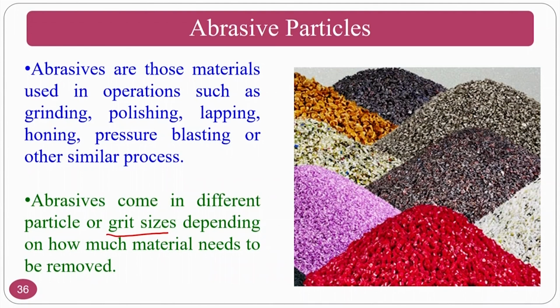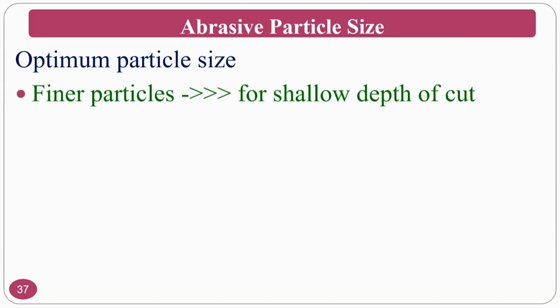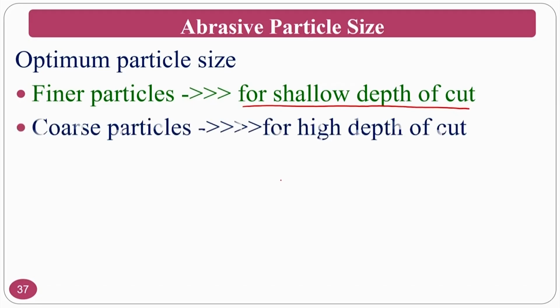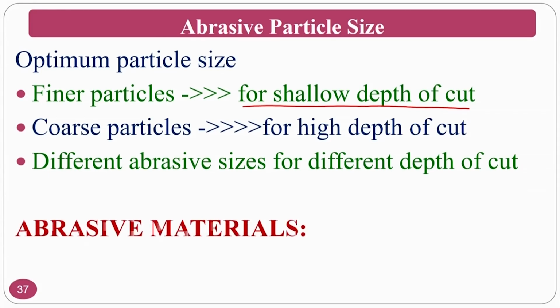If your material removal rate is less, then you have to go for finer. If you go for finer, then the cut is much finer and you will also get the surface finish. Regarding optimum particle size, the finer particles are normally used for shallow depth of cut, the coarser particles for high depth of cut, and you can use different abrasive sizes for different depths of cut.